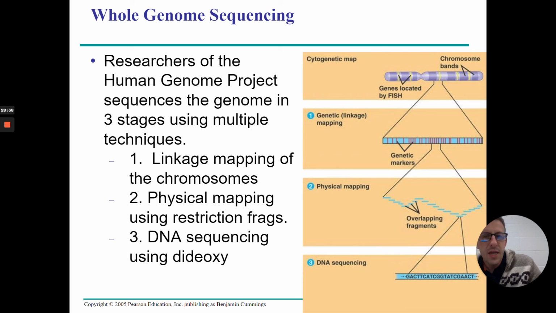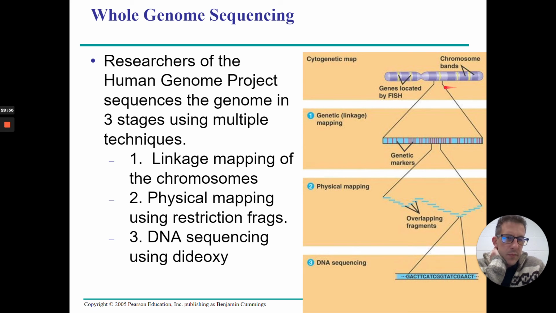The researchers of the Human Genome Project sequenced the genome in 3 stages, and they used multiple techniques. One of the first things that they can do with our chromosomes, specifically our condensed chromosomes, is fluorescently label genes of interest.